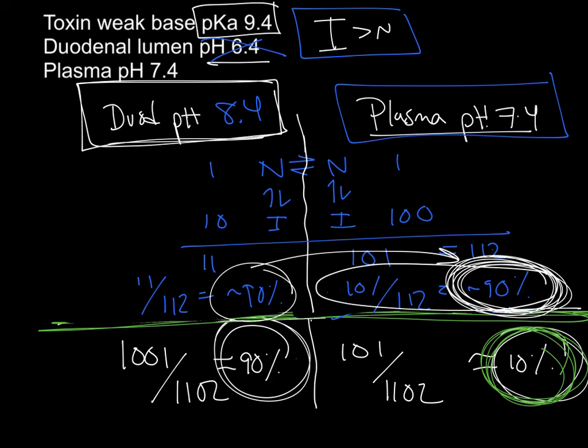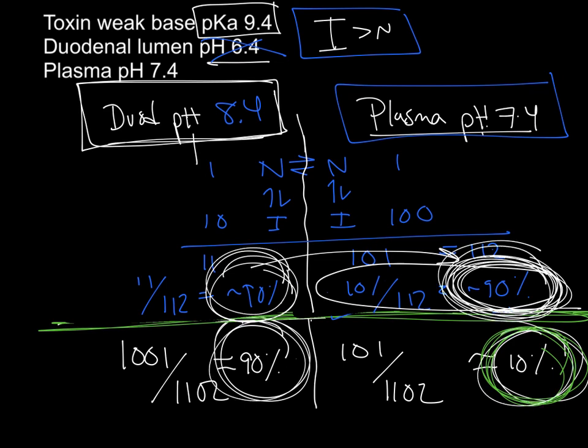Now you'll notice when I do these, I tend to calculate each of the two compartments, and they should always add up to 100. So 10 plus 90, 90 plus 10, you should always have 100. And then the question is always going to be where's more, how much drug is in place A or place B? So you just then need to interpret what the question's asking.